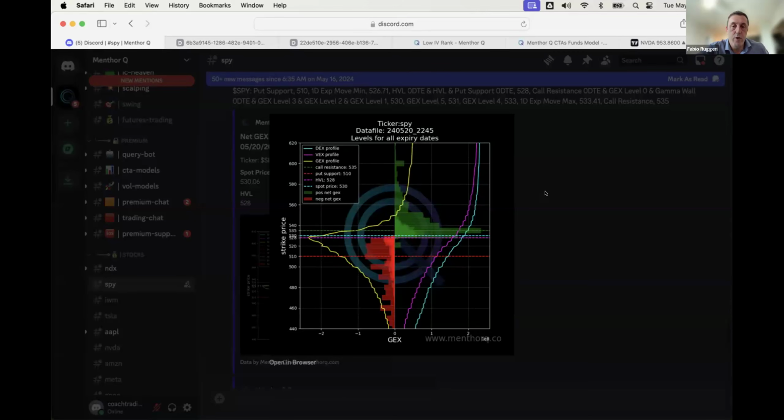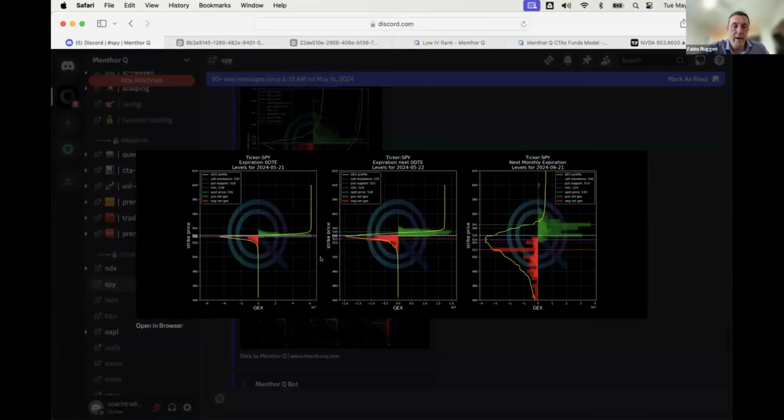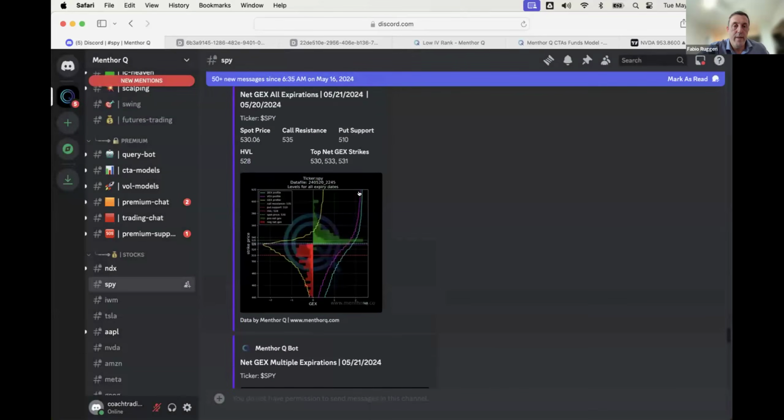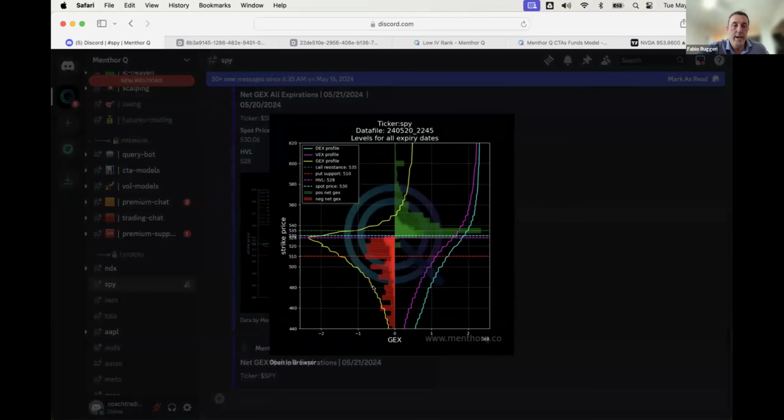We do the same for a single expiration, so here you have the gamma curve for that expiration. But the main one is really looking at the full option chain all the way in the future, plotting the gamma profile and showing you how it appears at different strike prices. And again, the important level here is really the high vol level, which is the level where the gamma profile shifts. You see here it is highlighted in purple. This is also where the curve turns from positive to negative, so that's when there is a shift between positive and negative gamma.